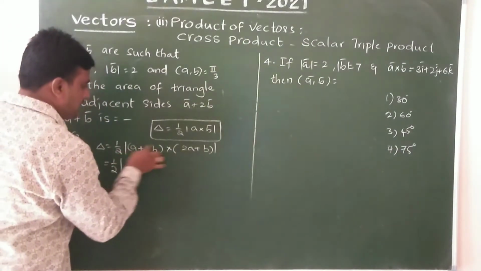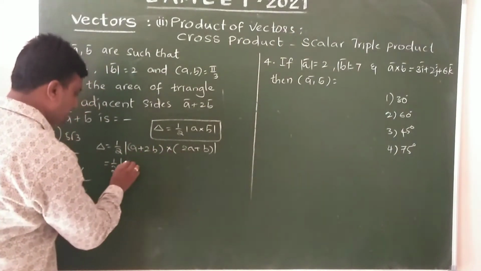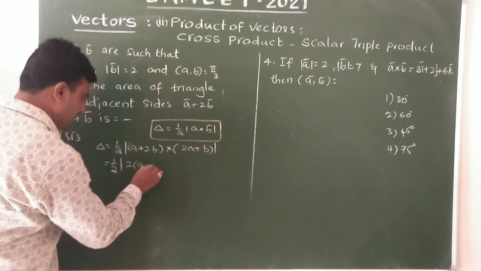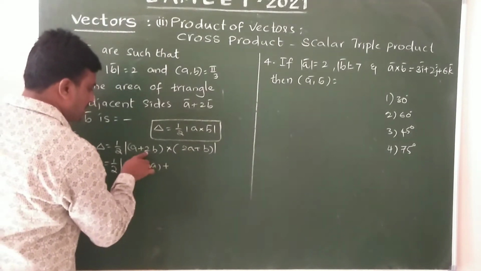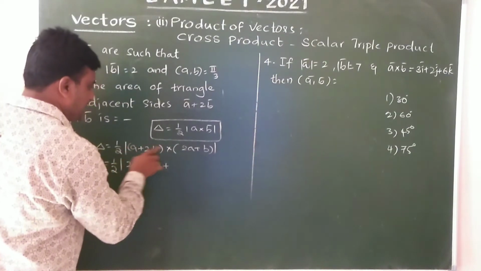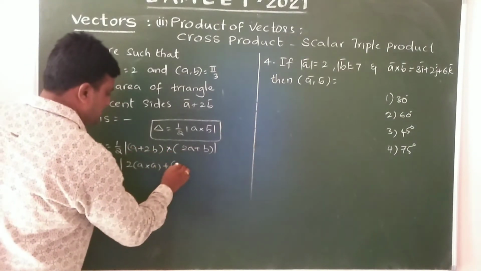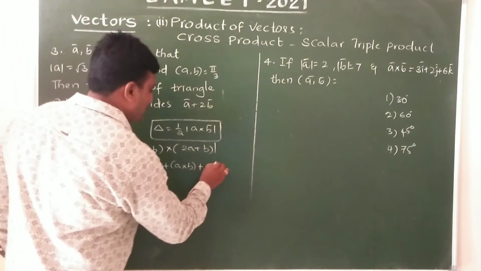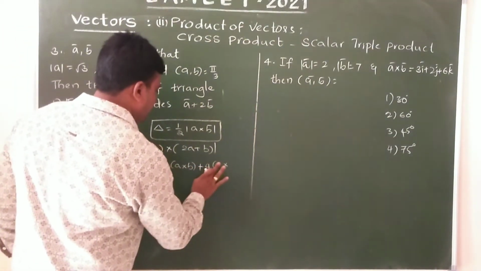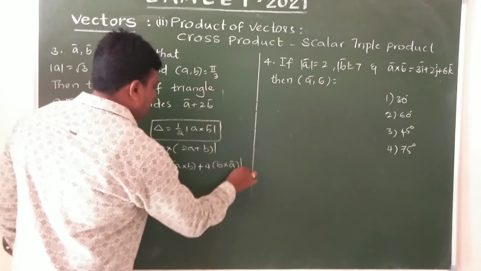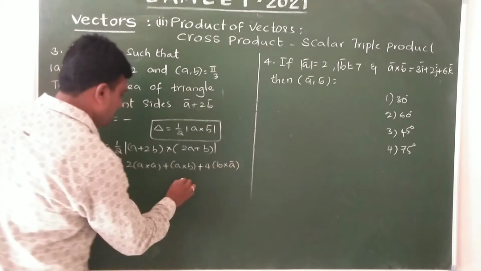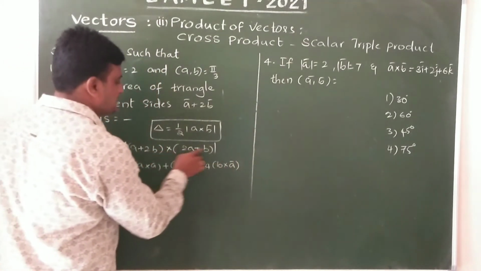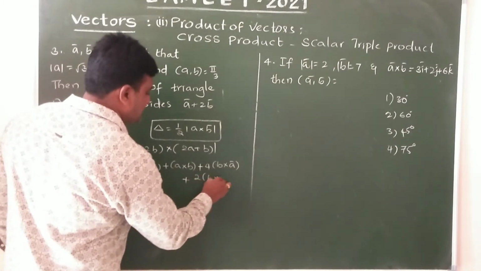Then A × 2A, here 2 into A × A, plus A × B is A × B, plus 2B × 2A means 4 B × A, plus 2B × B.